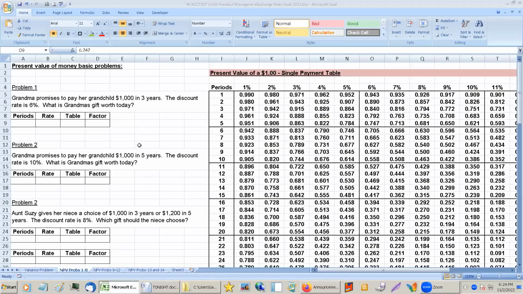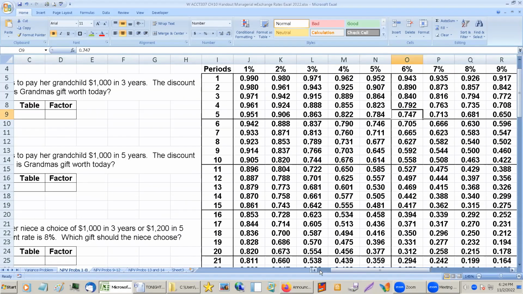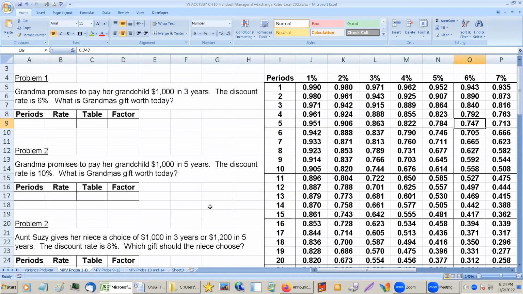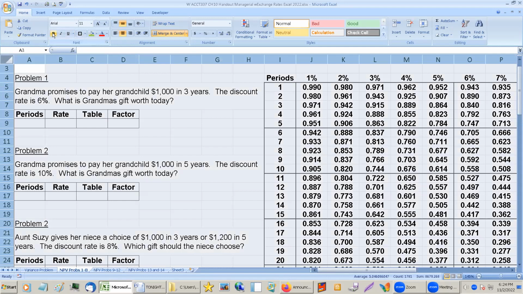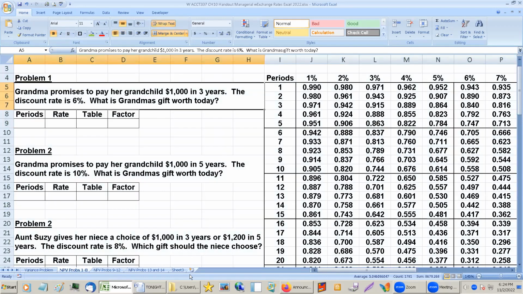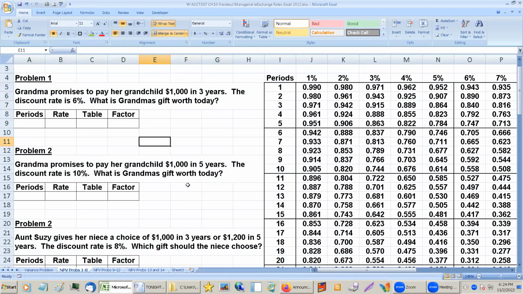Okay, so these are what I was calling the grandma cases. Grandma promises to pay her grandchild $1,000 in 3 years.